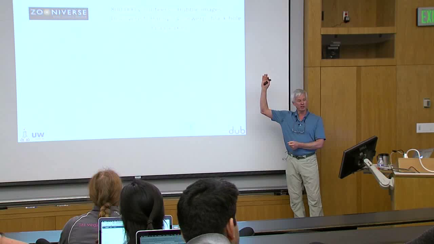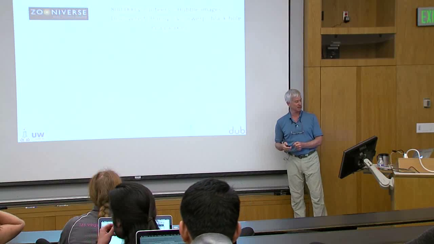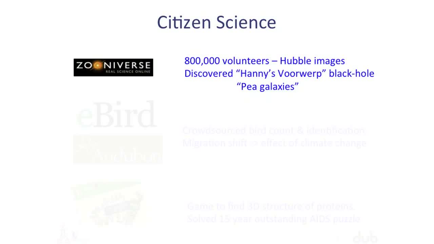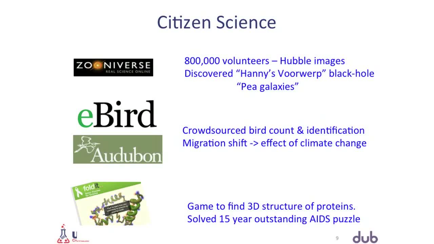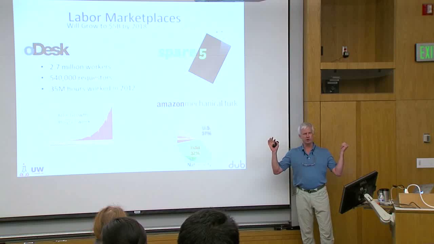There's also a number of really exciting applications in citizen science, from Zooniverse, which has made a number of new scientific discoveries by harnessing just ordinary people, or eBird, which has tracked the effects of climate change by crowdsourcing observations of migratory birds, to work done here at UW to come up with the structure of AIDS proteins and various related things.